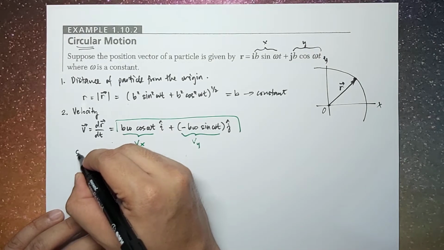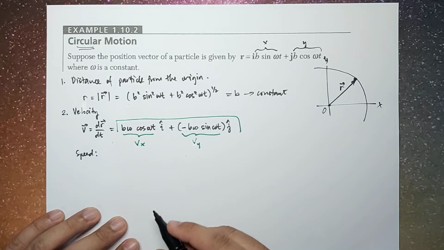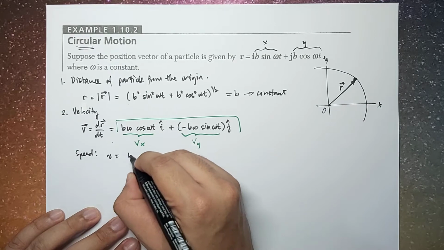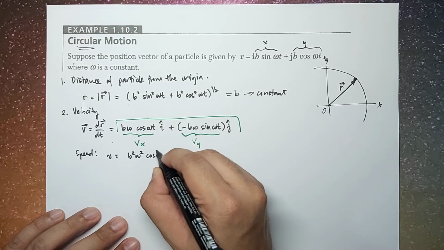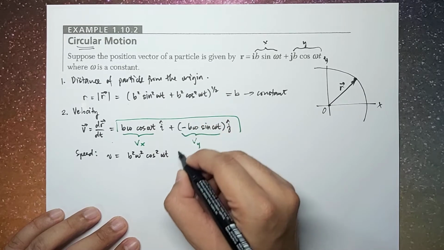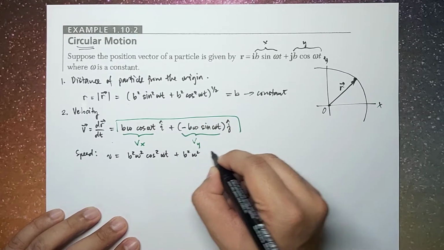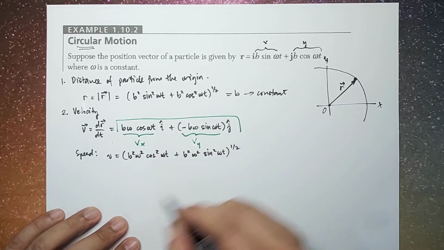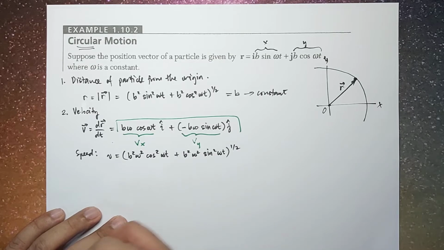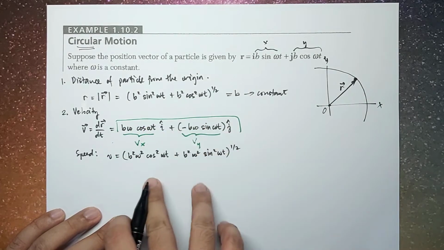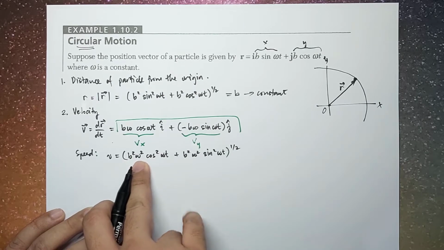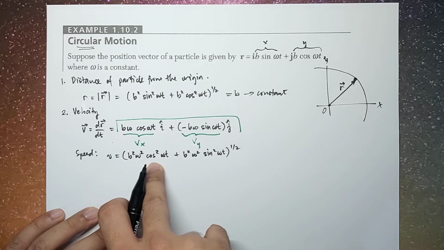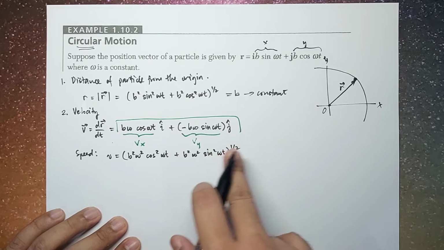Now, the speed, which is the magnitude of the velocity, will just be equal to the square of this, b squared omega squared cosine squared omega t, plus the square of this, b squared omega squared sine squared omega t, and then you raise it to the 1/2. Again, b squared omega squared can be factored out, leaving cosine squared omega t plus sine squared omega t, which is equal to 1.